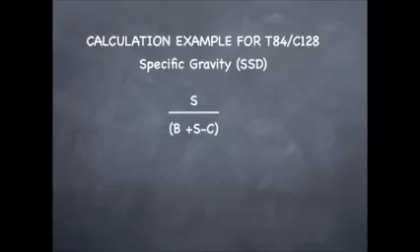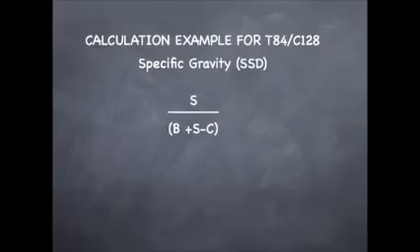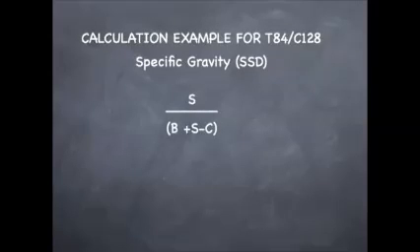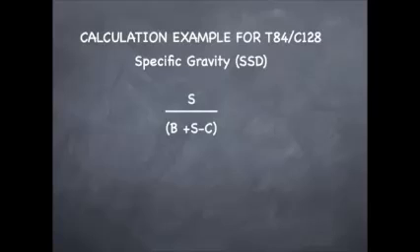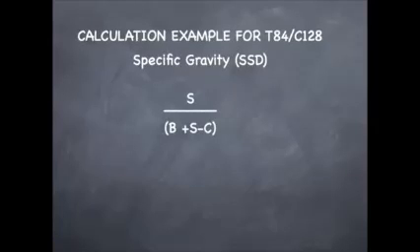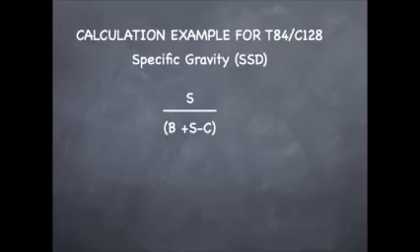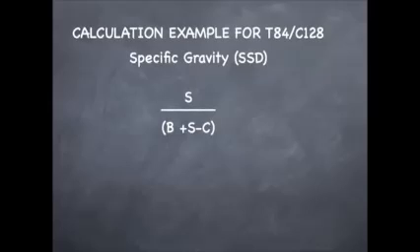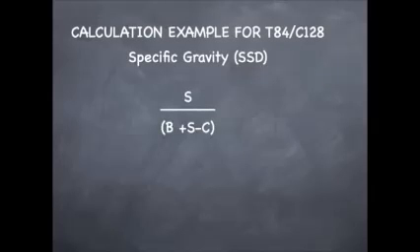Our first calculation will be to calculate the bulk specific gravity of our material in the SSD condition. We do this by taking the weight of the SSD specimen and dividing it by the weight of the mason jar filled with just water plus the weight of the SSD specimen, and subtract from this weight the weight of the SSD specimen with the mason jar filled with water to the calibration mark.